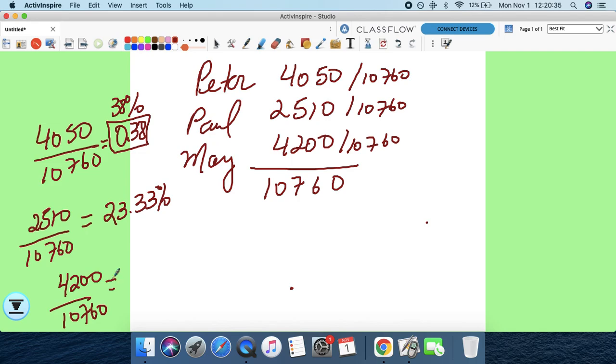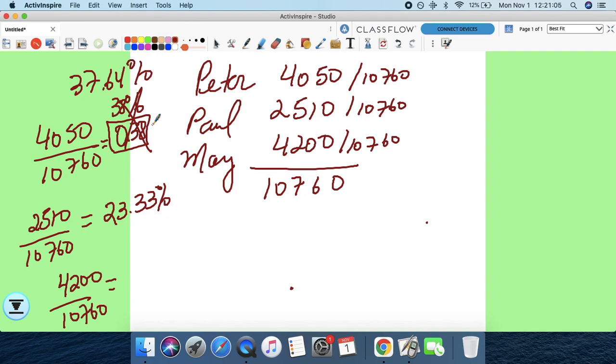And then obviously Mary would own the difference. So let me just do Peter again: 4,050 divided by 10,760 gives us Peter's representation, 37.64 percent of the company. If we add 37.64 plus whatever Paul owns, 23.33, again this is rounded, that gives you 60.97.